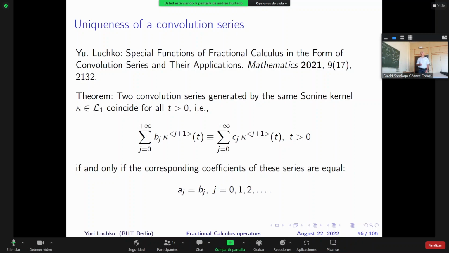And indeed, it's not difficult to show in exactly the same way as for the standard power law functions that two convolution series coincide for all values of t if and only if the corresponding coefficients are equal. So this theorem opens the gate to applications of these objects because these representations are unique.